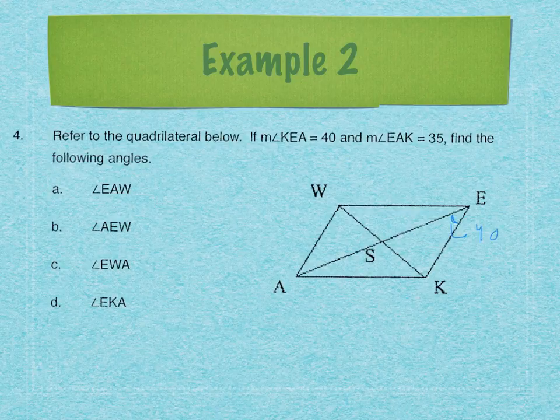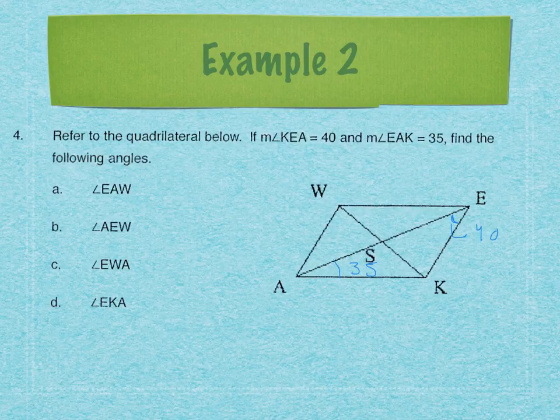And I have angle EAK is 35 degrees. And that is all that I have. We can figure this out. I want to find angle EAW. What would angle EAW be?